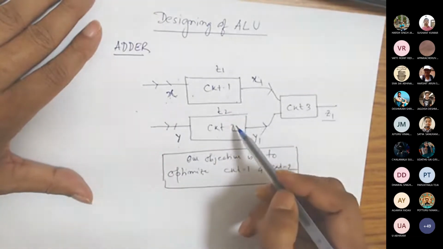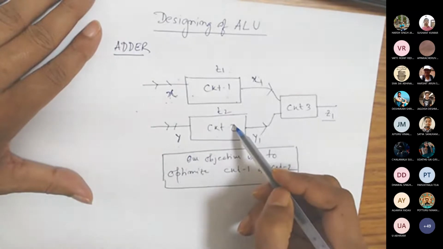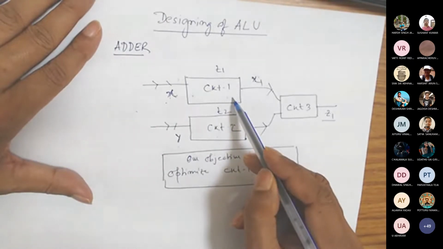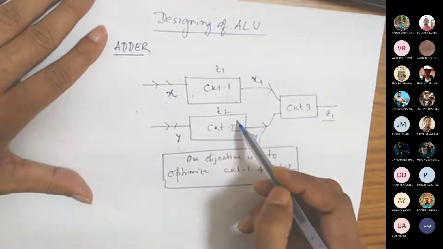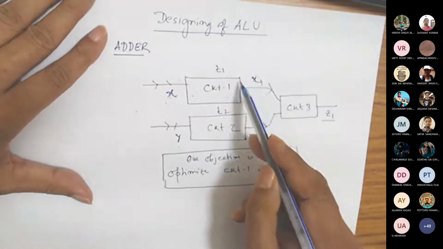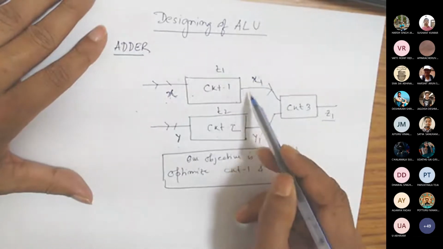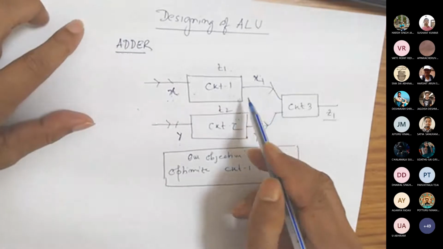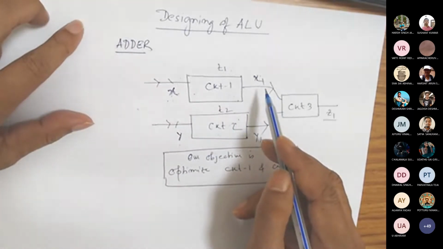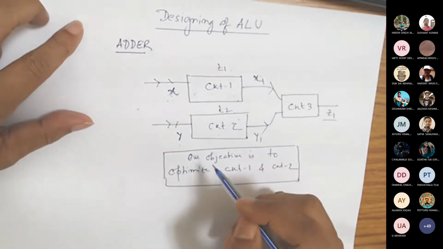If one circuit cannot be minimized, and the other has already been minimized but there is a difference, then you will have to add some delay circuits here so that both reach the output at the same time. That's why I say optimize.